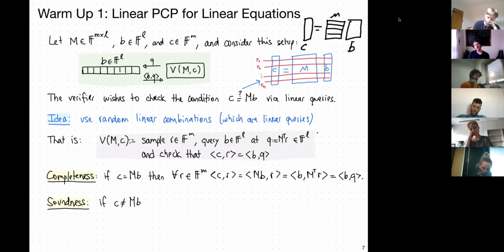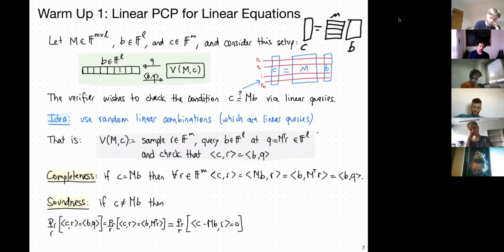And now what happens in terms of soundness? Suppose that C is not equal to MB, then what would happen? You may ask, what is the probability that these two inner products would coincide? We are doing the same step as we did here: what is the probability that C of R would be the same as B of M transpose R?